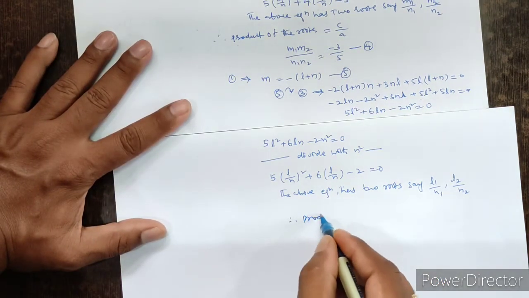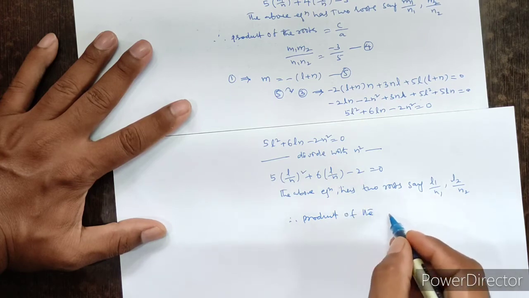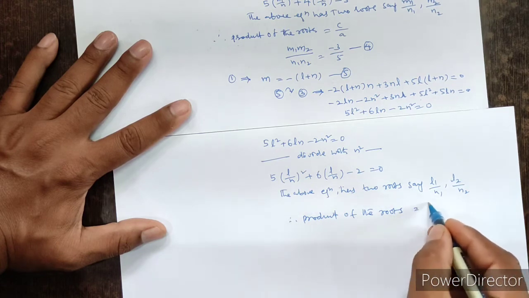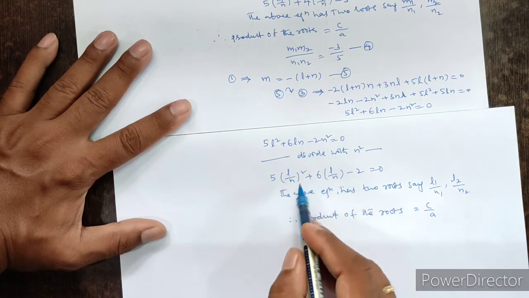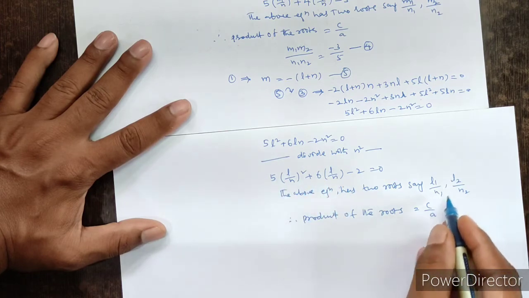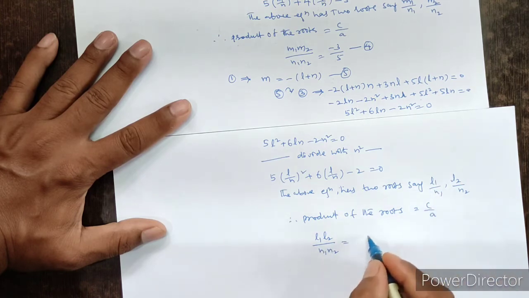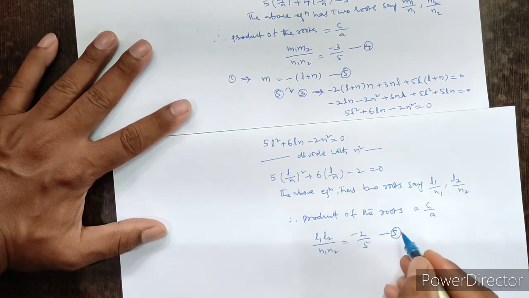Product of the roots is c by a. Here c is minus 2, a is 5, so L1 L2 by n1 n2 equal to minus 2 by 5. So this is equation number 5.